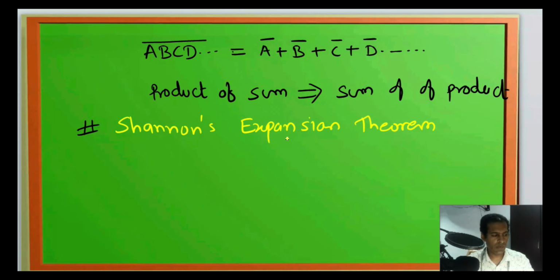This theorem states that any switching expression can be decomposed with respect to a variable A into two parts, one containing A and the other containing A bar. This concept is useful in decomposing complex machines into an interconnection of smaller components.